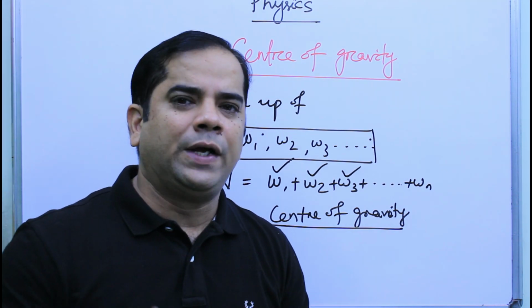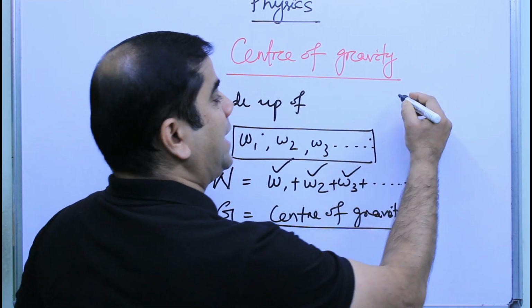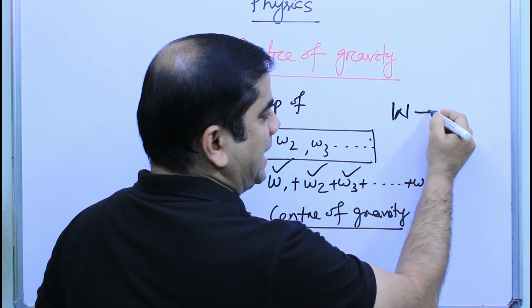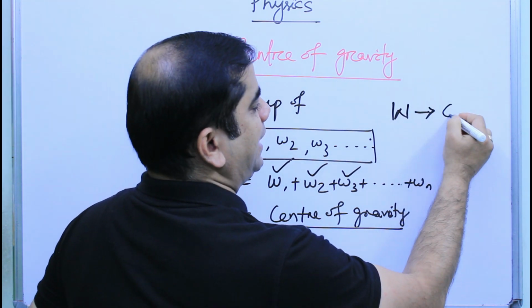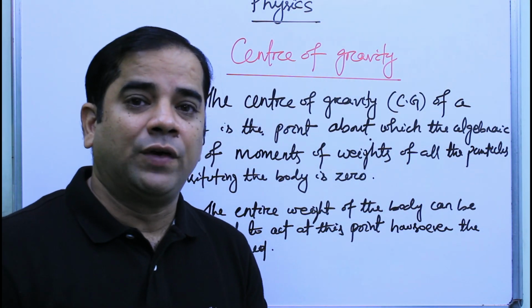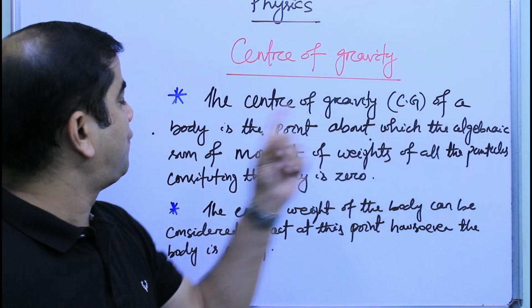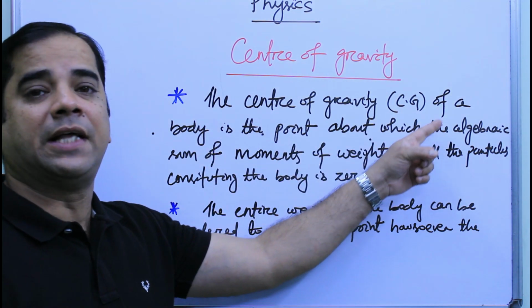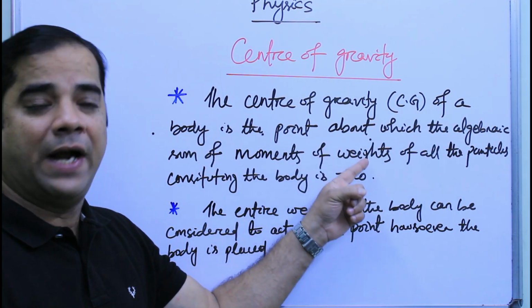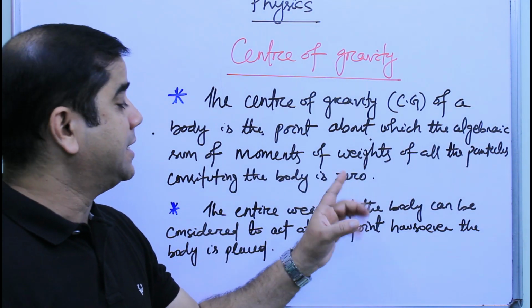In other words, we can say that a body is nothing but a point particle of weight W which is placed at its center of gravity G. Hope you understand. From our discussion, we can conclude that the center of gravity G of a body is the point about which the algebraic sum of moments of weights of all the particles constituting the body is 0.